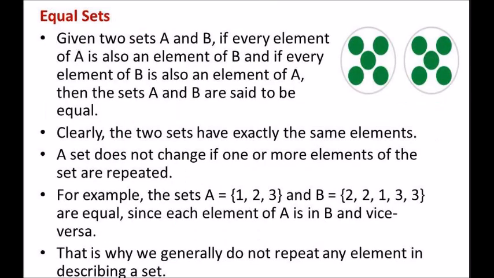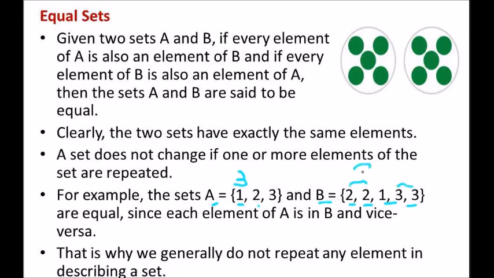Now, consider the following sets. Set A is equal to {1, 2, 3} and set B is equal to {2, 2, 1, 3, 3}. Here, set A has 3 members, namely 1, 2 and 3. In set B, 2 and 3 are repeating, so we consider them only once.